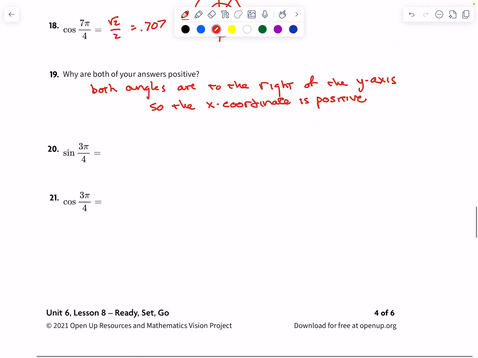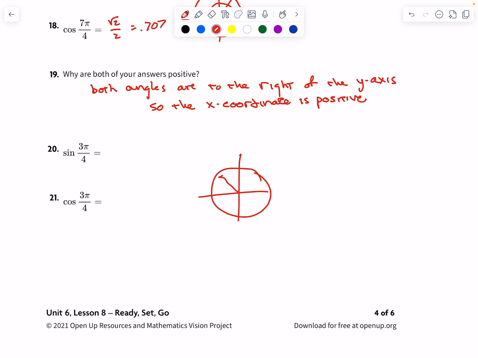Okay, that's easy enough. Sine of 3 pi over 4. Okay, where is that? Here's 3 pi over 4. Sine is height, and that's still positive. But cosine has gone negative because you're to the left.